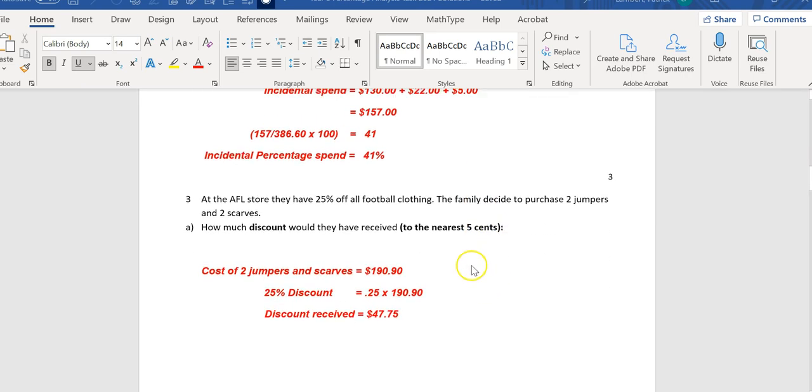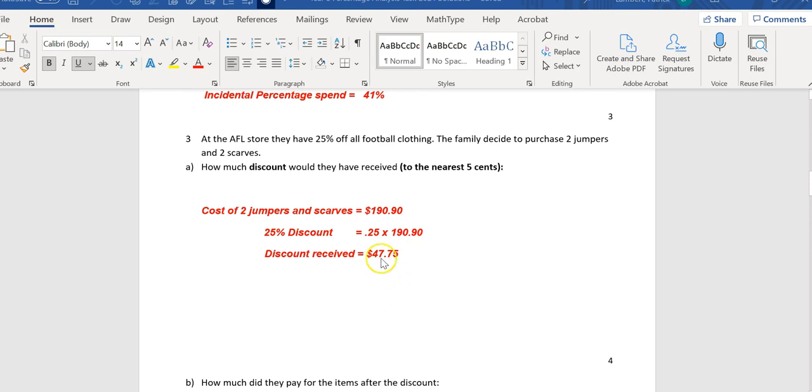But in the AFL store, they have 25% off. That's a percentage change down. How much would they have received to the nearest 5 cents? So the cost of 2 jumpers and scarves totals up to $190.90, and 0.25 of that means that they would receive $47.75 off, discount received.